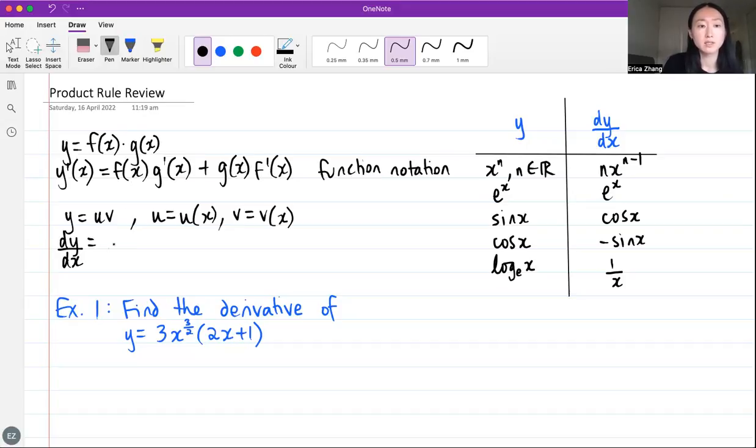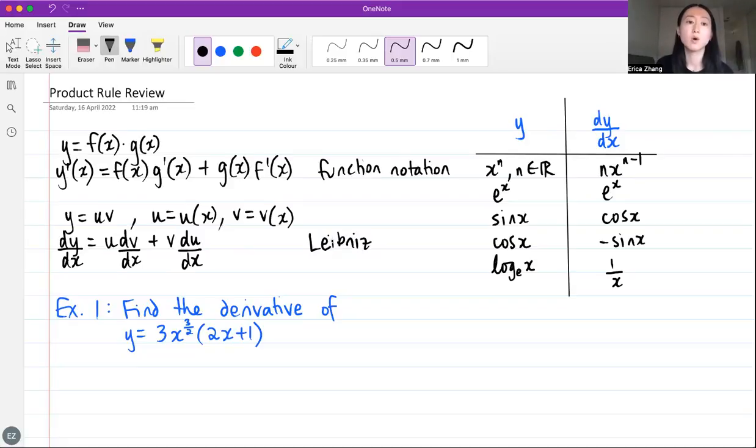So dy dx is equal to u multiplied by the derivative of v plus v multiplied by the derivative of u. And so we'll call this Leibniz notation. And of course, all of this is predicated on the assumption that g prime of x and f prime of x exist.